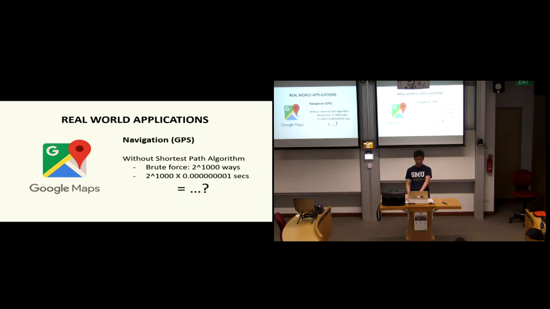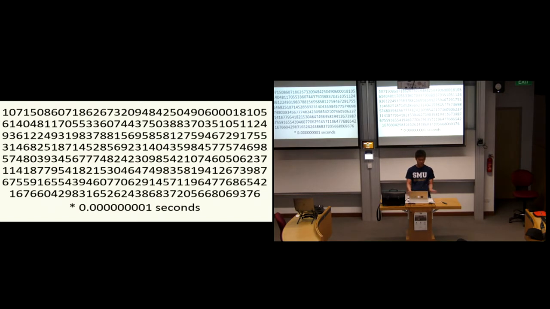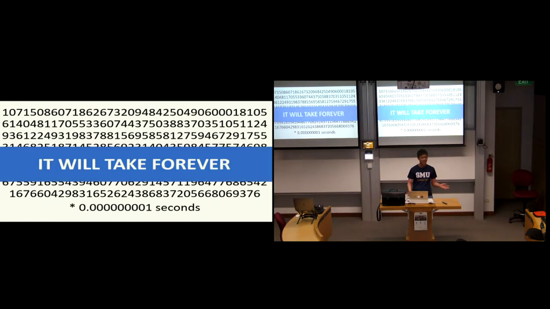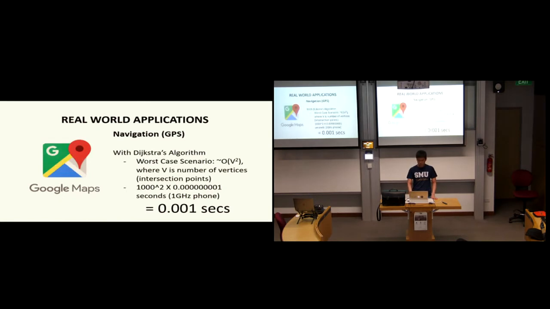So let's say we were to use our smartphone, a 1 gigahertz processor, 2 to the power 1,000 times 10 to the power of -9 seconds. It will take ages, it will take forever basically. So we cannot do it brute force. So what we do, with Dijkstra's algorithm, we have 1,000 locations.